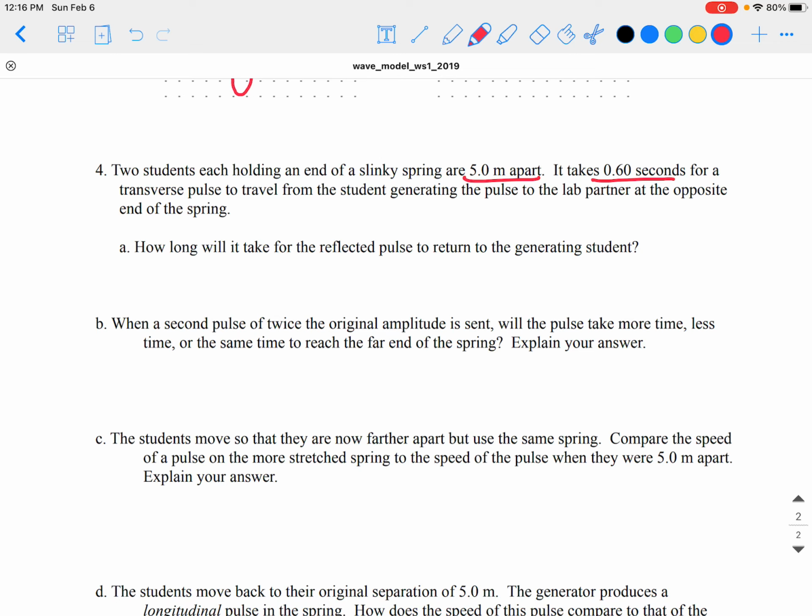So the speed in which a wave travels, as long as there's no energy loss, should be the same on the way there as it is on the way back. So same speed, back, 6.6 seconds.